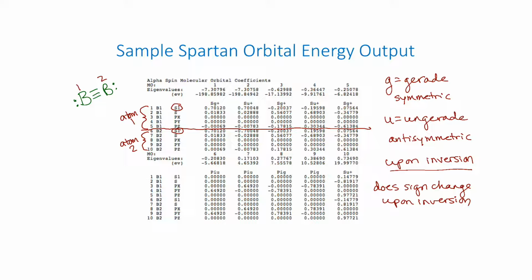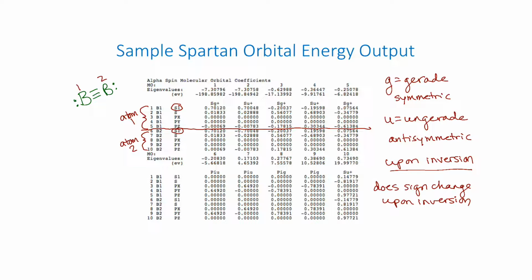All right, so I hope that was helpful in helping you to become familiar with how to navigate these Spartan energy output files. We'll do a couple more videos detailing the specifics with assigning the G and the U designation.